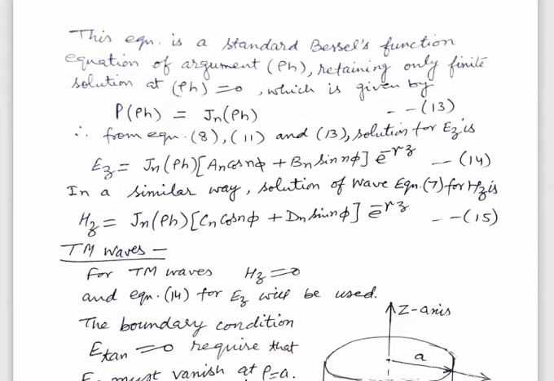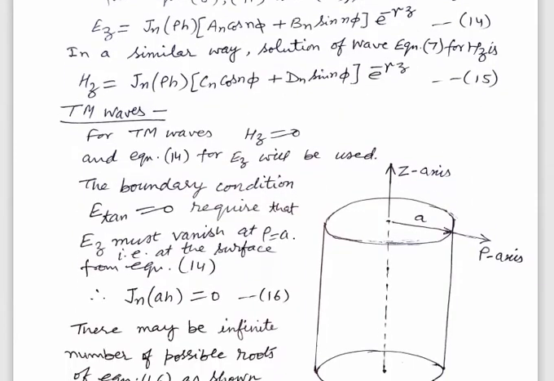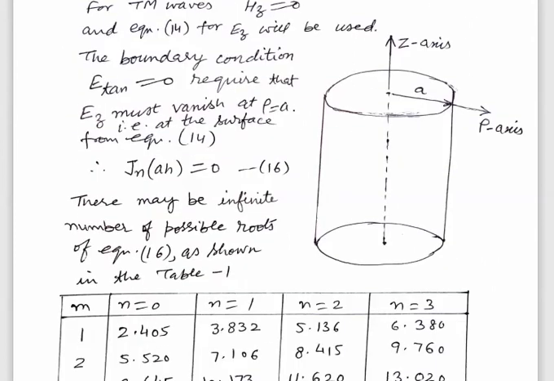In equation number 14, the values of the constants can be evaluated by substituting the boundary conditions for the tangential component of the electric field. As we know, at the metallic surface of the cylinder, which is at rho equal to a, the tangential component of electric field is always 0 on the conducting surface. Since it is Ez, Ez must vanish at the surface of the conductor.